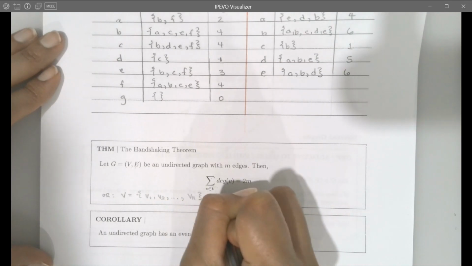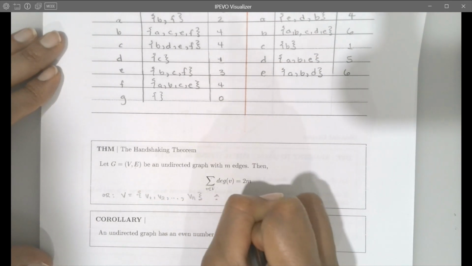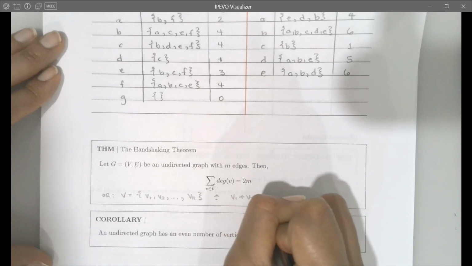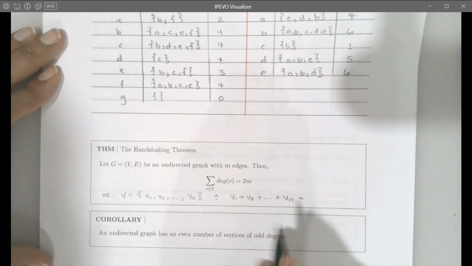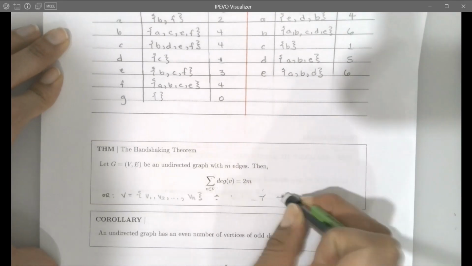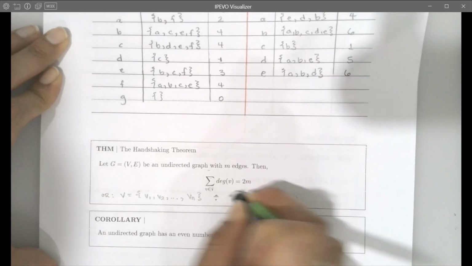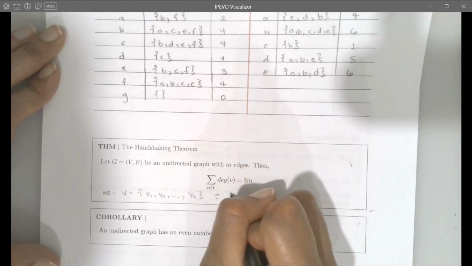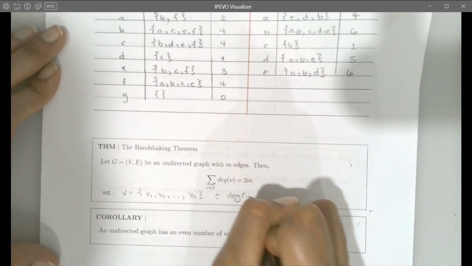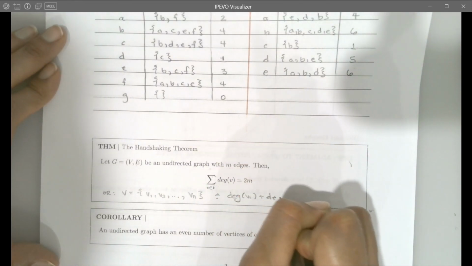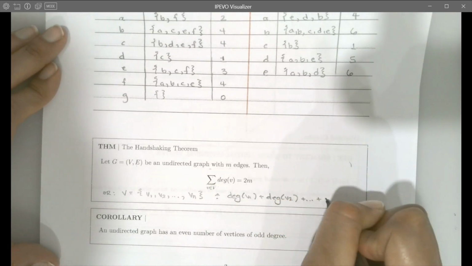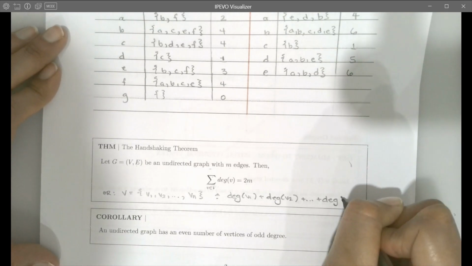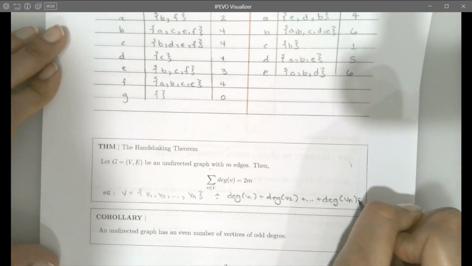Then this theorem is saying that if you take the degree of V1 plus the degree of V2 all the way down to the degree of Vn, that should give you 2 times the number of edges.